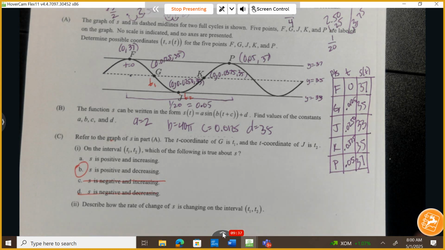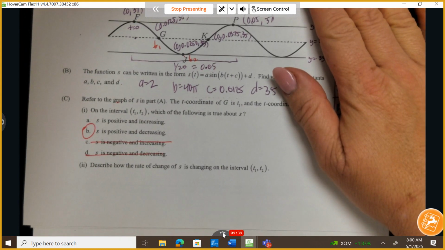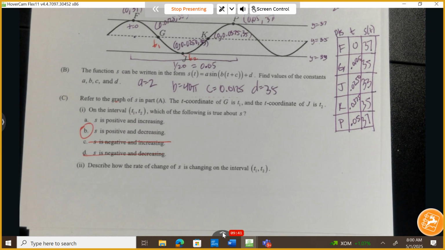Now we're going to describe the rate of change, which is the concavity.